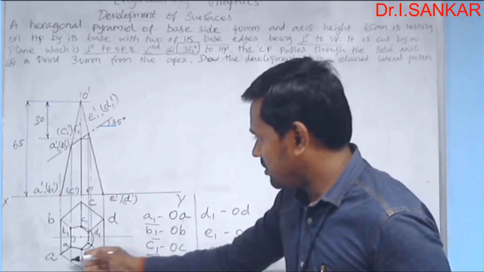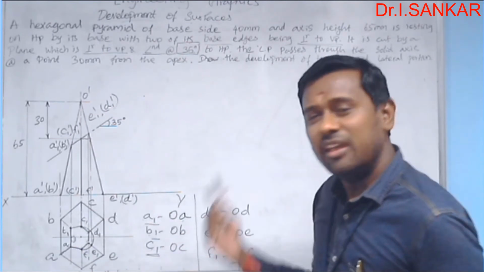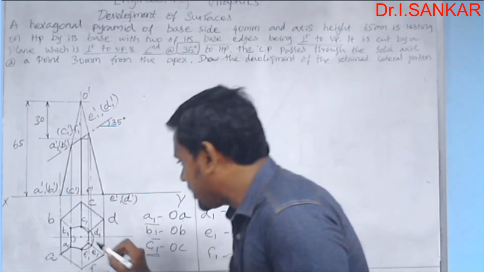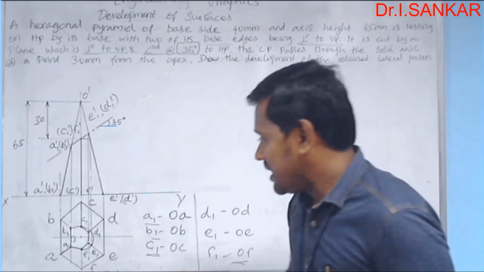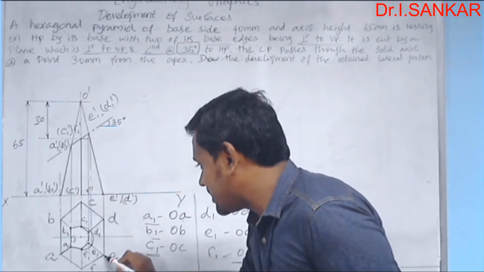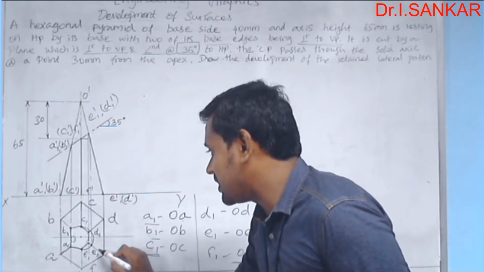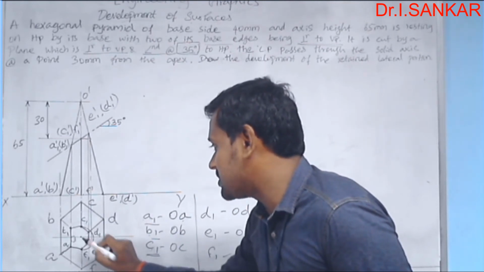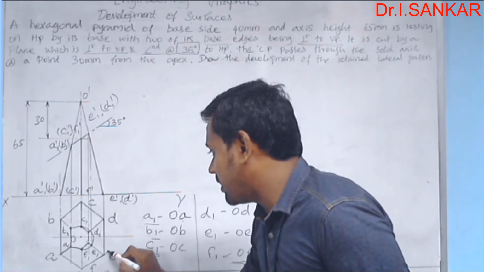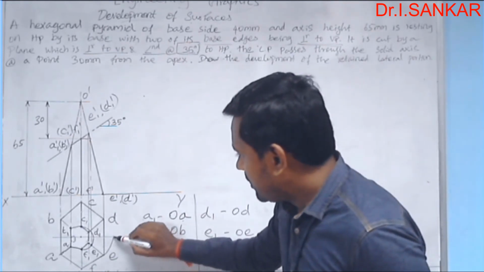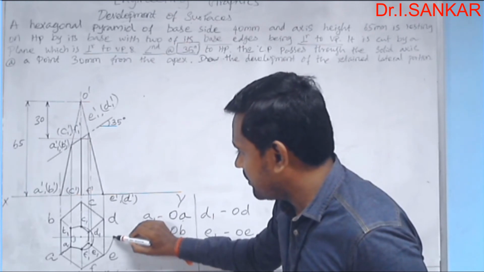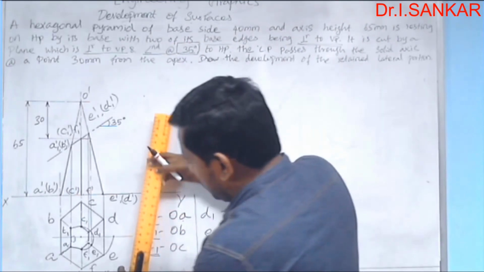Any base corner, you can take A, B, C, D, E, F, any one. Make the center point O the origin in your compass, and the base corner as the radius. Place the pin of the compass at O and the pencil at the corner, and draw an arc towards this horizontal line. I am getting an intersection here.